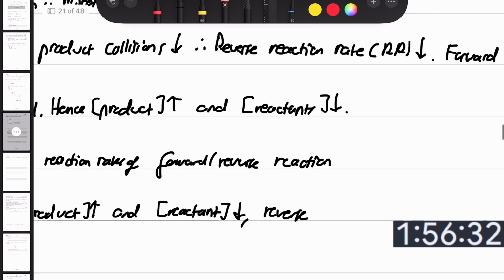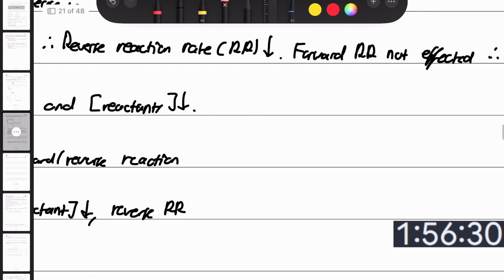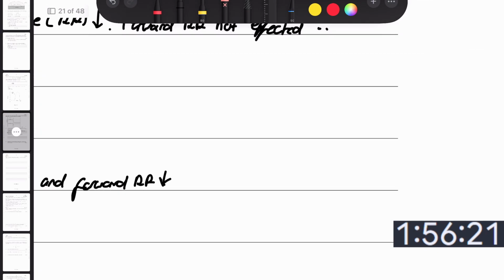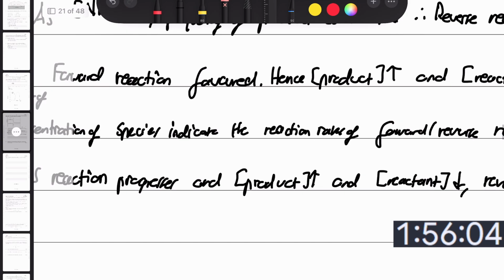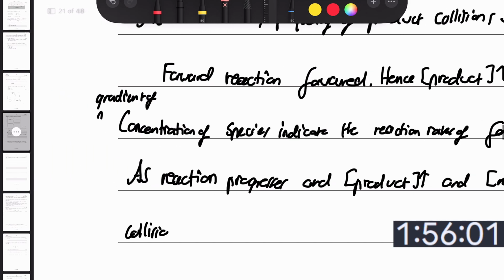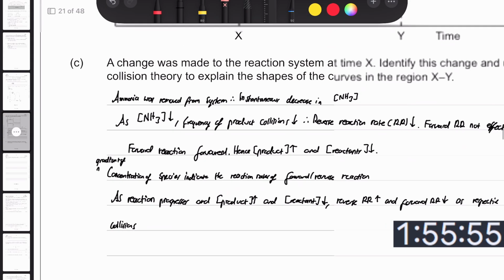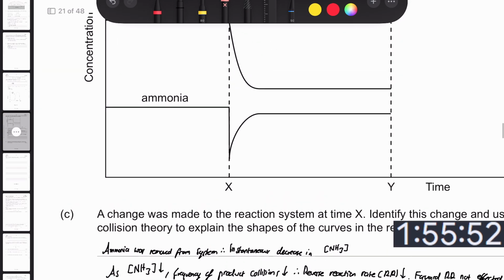Reverse reaction rate increase and forward reaction rate decrease, as respective frequency of collisions, therefore net forward reaction.